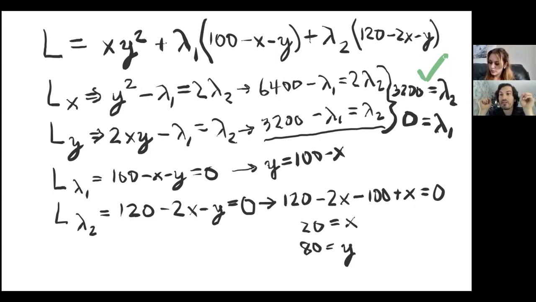Lambda 1 is 0 and 100 minus X minus Y is equal to 0. So complementary slackness doesn't mean one but not the other is 0. It means at least one and possibly both are 0. And that's what's happening in this case. Kai is correct. We can give this a green check. And that means we can give this answer a green check.